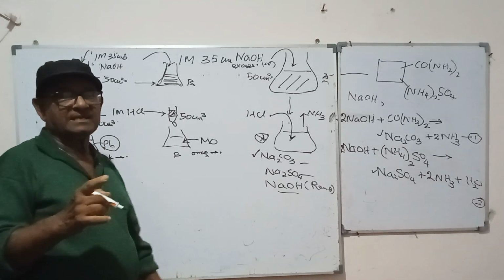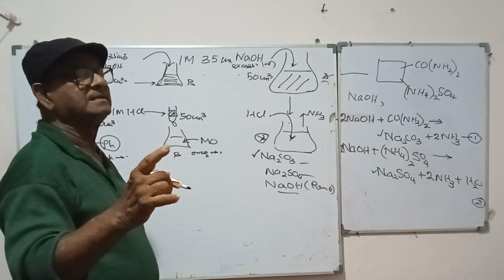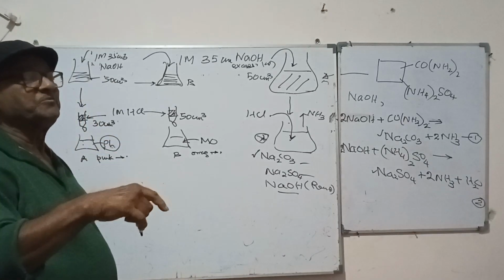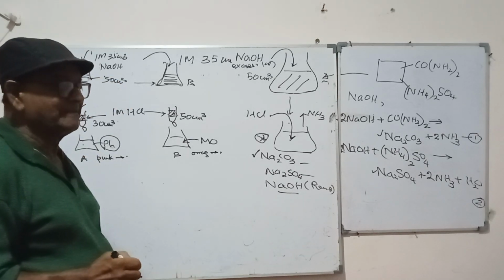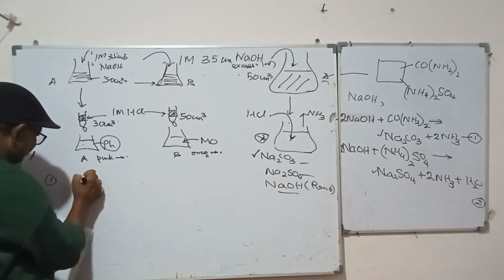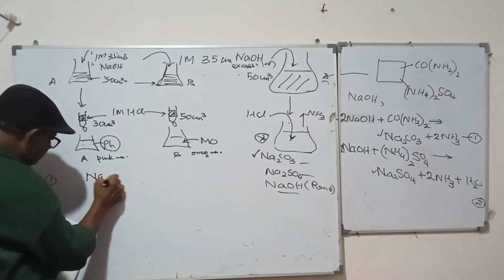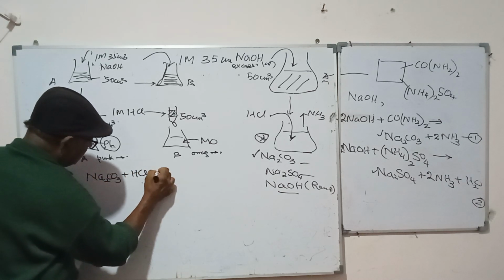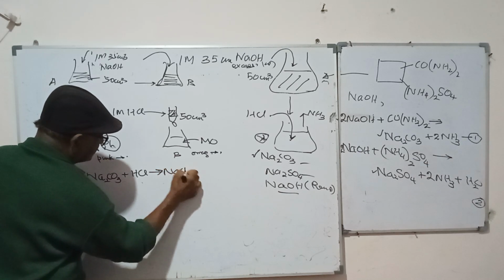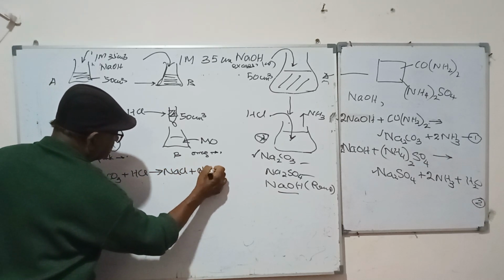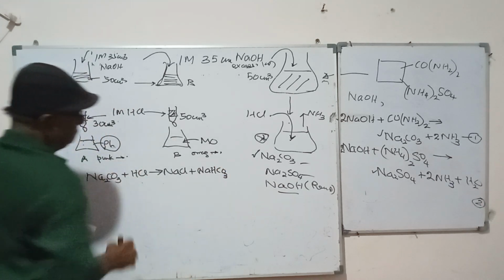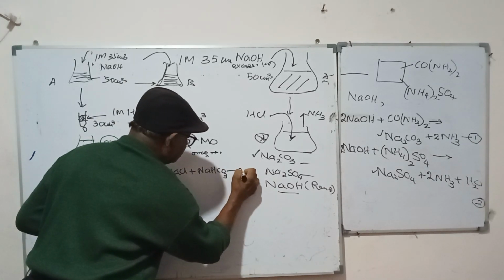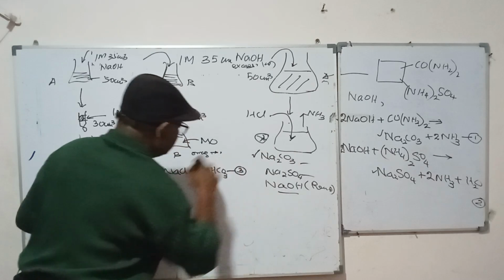We know that sodium carbonate reacts in two steps. This is the time we have to use our knowledge. Then I write here Na2CO3 plus HCl gives NaCl plus NaHCO3. It is named the third reaction: 1, 2, 3.